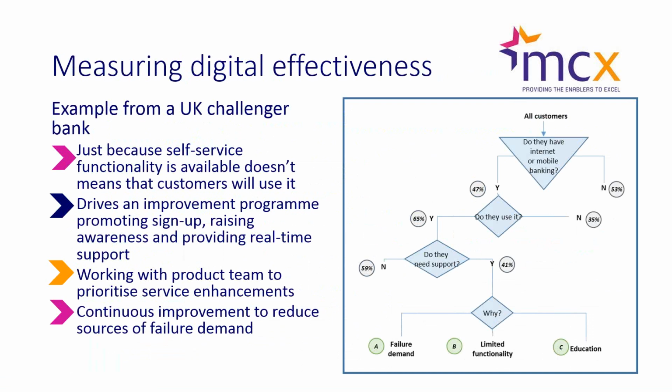So that insight gave us a number of improvement initiatives that we could focus on. We could work with marketing about when was the right time to promote the service, and in fact, part of that outcome was not to do it now. They waited until they'd had some more releases, some more functionality, and then they started to promote it.